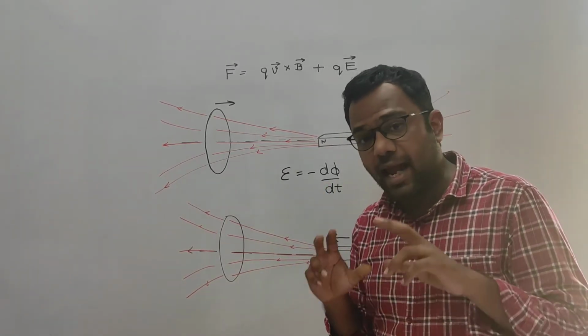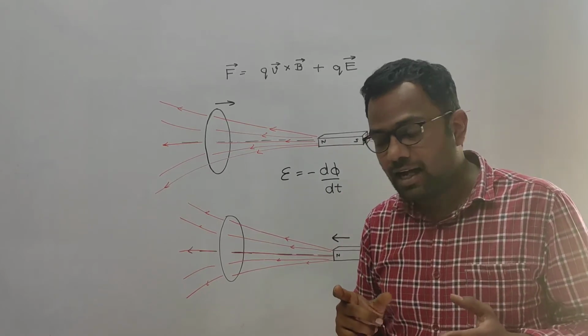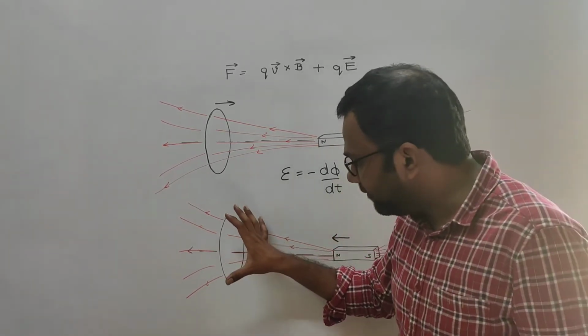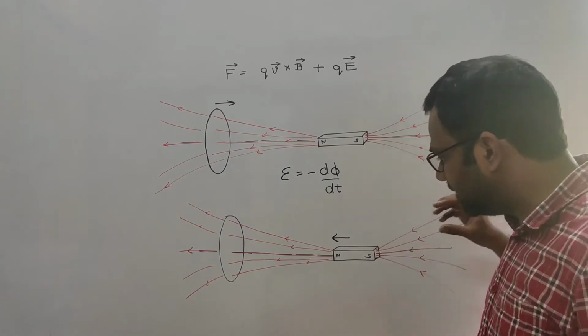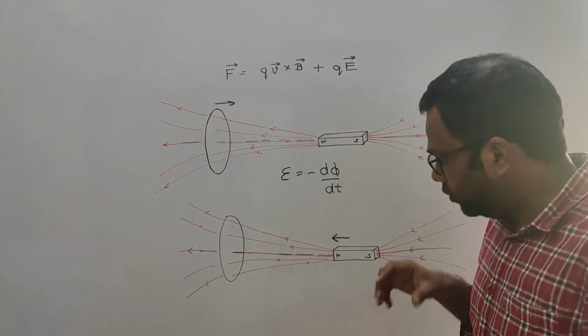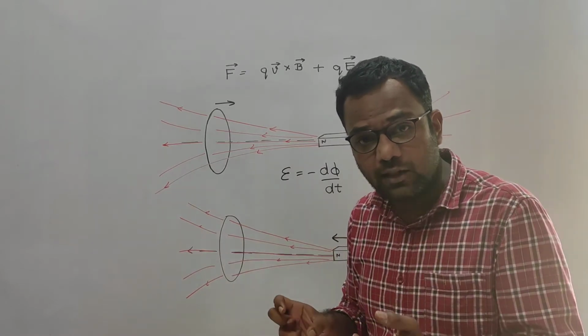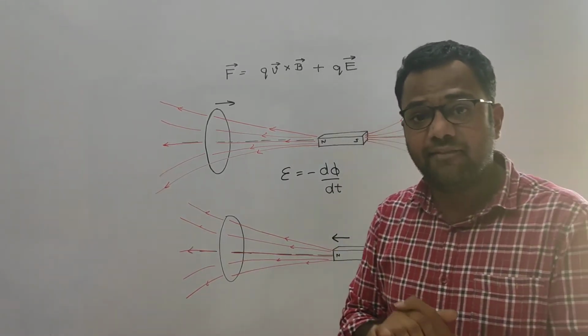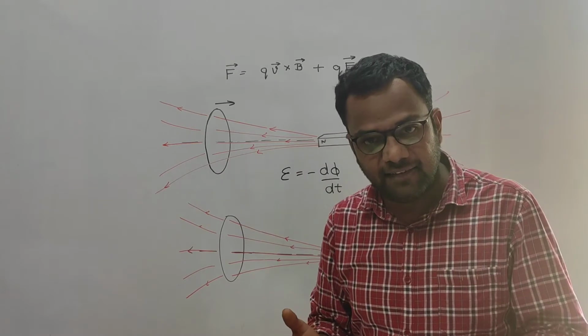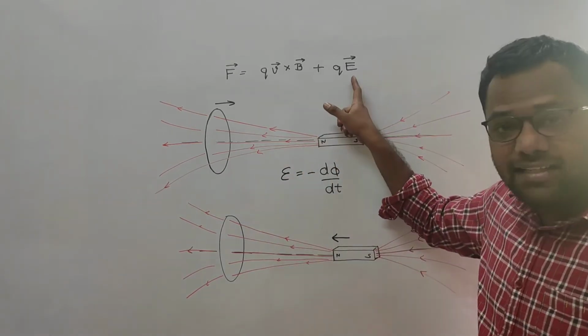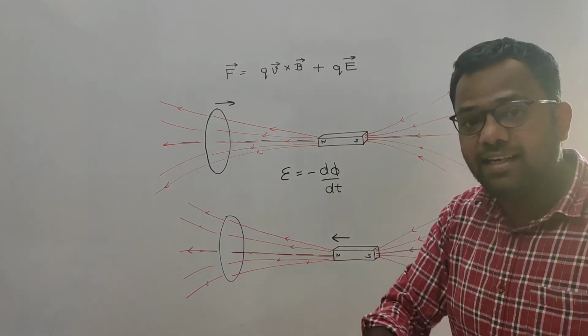But over here we have to conclude that a changing magnetic field, because as the magnet is moving towards the coil, the magnetic field linked with the coil is changing. So we have to conclude that a changing magnetic field generates electric field, and hence electric field will get generated.